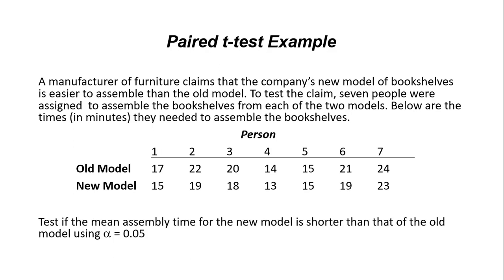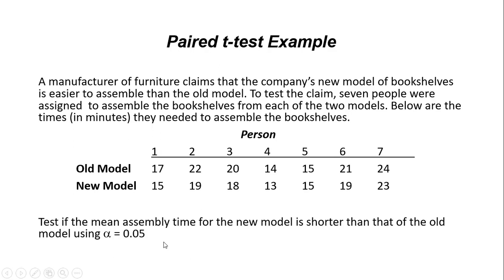Below are the times in minutes they needed to assemble the bookshelves. So you could see person 1 took 17 minutes to assemble the old model, but 15 minutes to assemble the new model. Person 2, 22 and 19, and so on. We want to test if the mean assembly time for the new model is shorter than that of the old model using alpha equals 0.05.